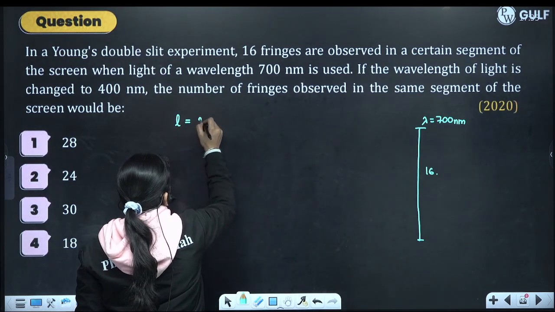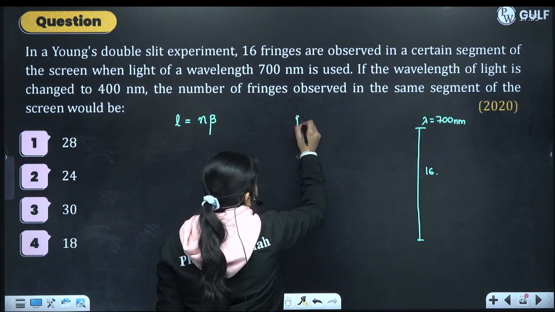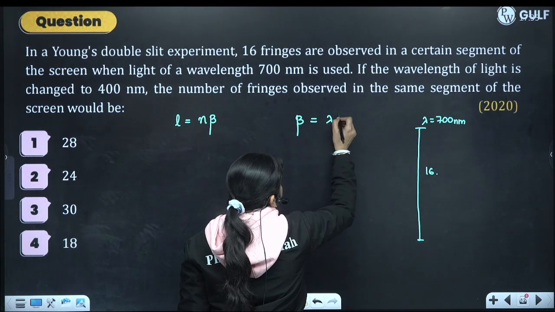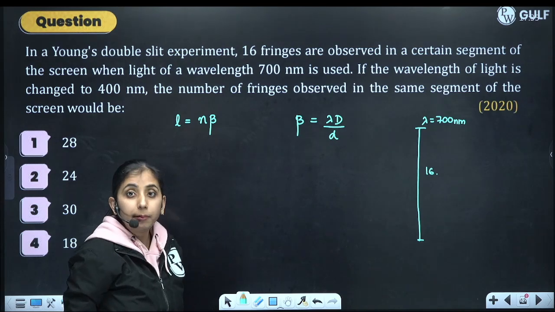Length is equal to number of fringes into beta. We know that beta is equal to lambda D by d. D and d are the same, only lambda is changing.